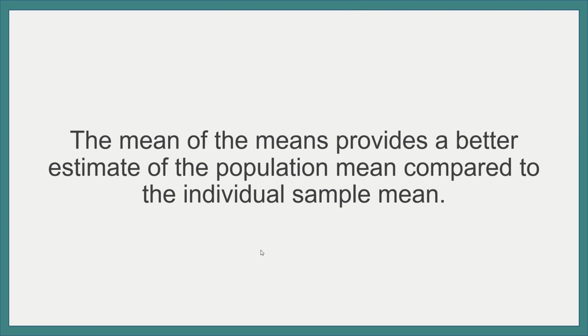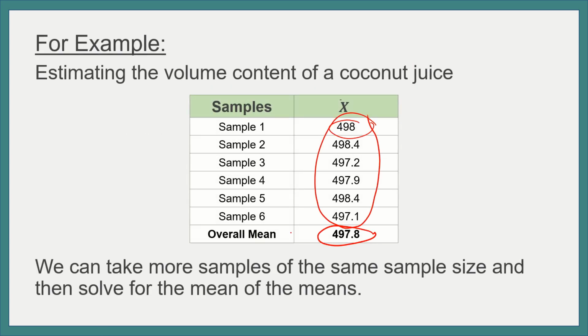The mean of means, with the symbol mu of x bar, and the standard deviation and the variance of our sampling distribution are still point estimates, right? If we have these examples, the overall mean is still one value.